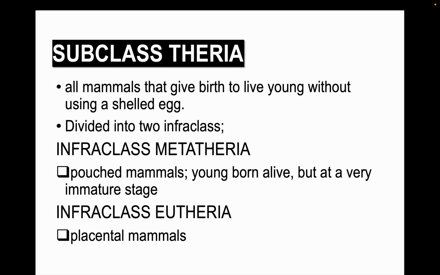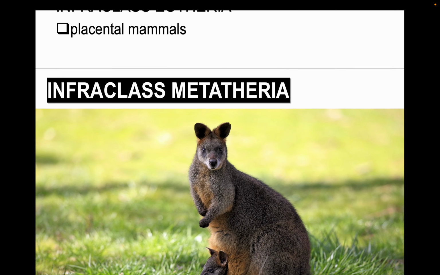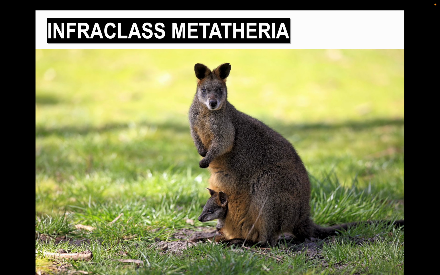So the young need to stay with the female parent as they progress to adulthood. Then we have infraclass Eutheria, which are the placental mammals.